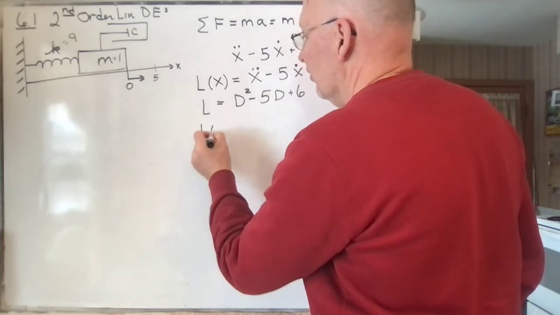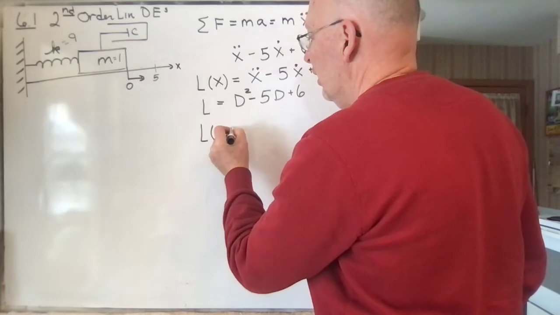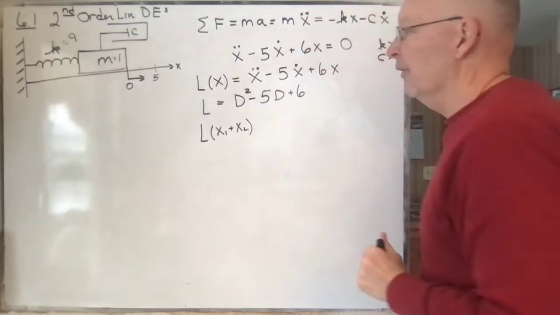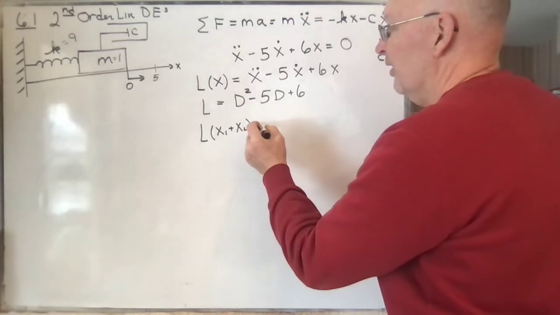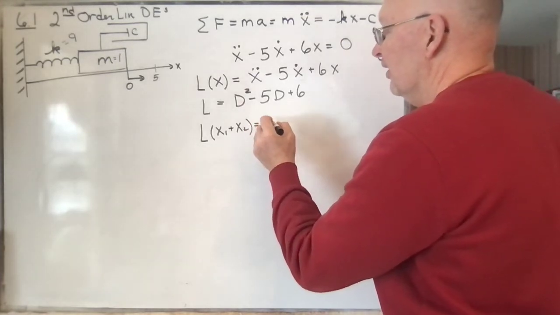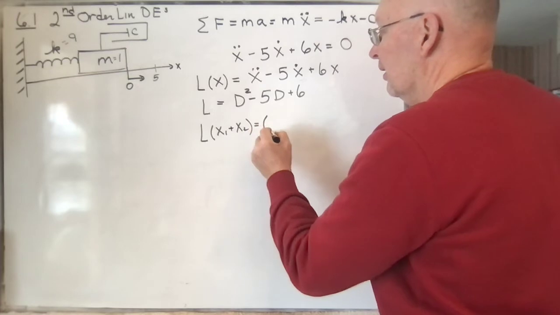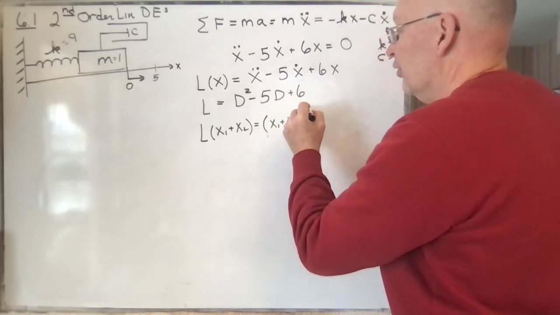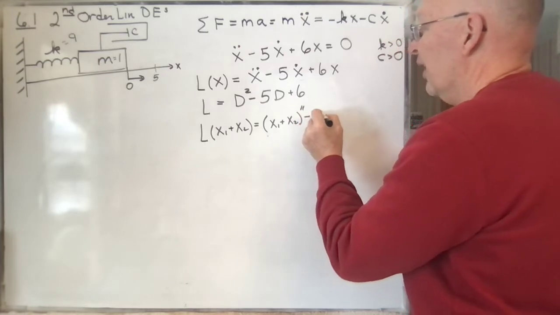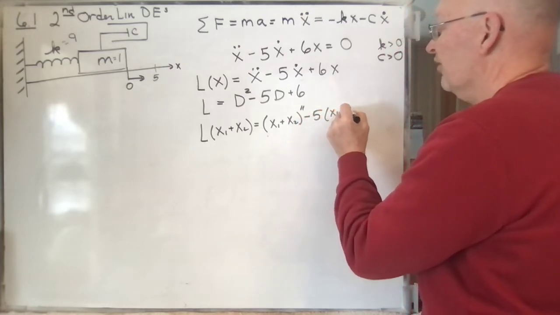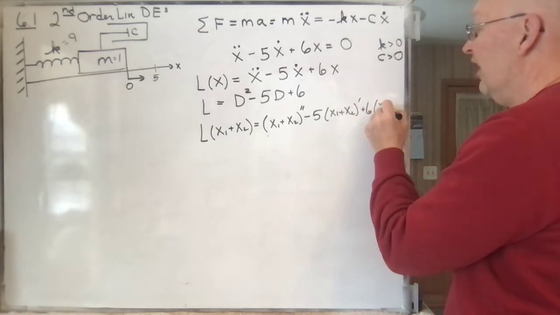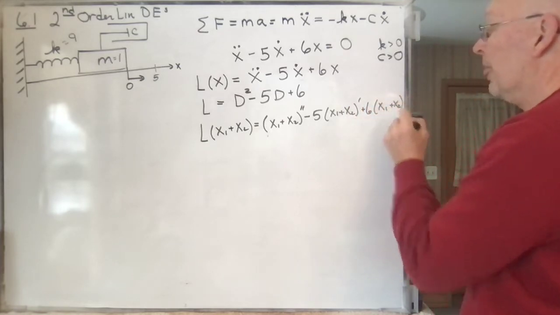Let's just take a moment. So let's take x1 plus x2. So this is one function, that's another function. So what does this say to do? It says to first take the second derivative of x1 plus x2, then subtract 5 times the derivative of x1 plus x2, and then plus 6 times x1 plus x2.